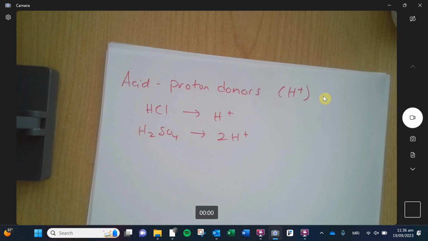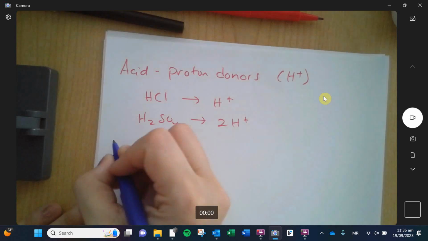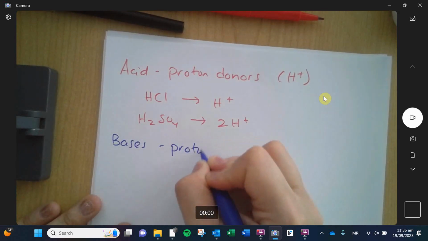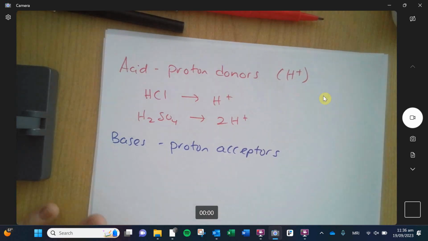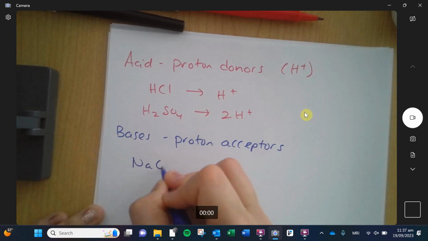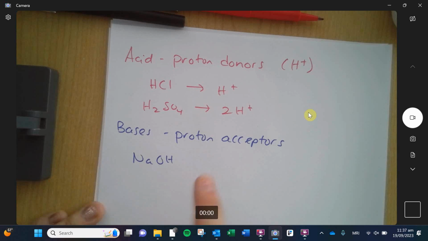The other type of thing that we deal with are bases. They're basically the opposite of acids because bases are proton acceptors. We're thinking about something like sodium hydroxide, which is an example of a base.